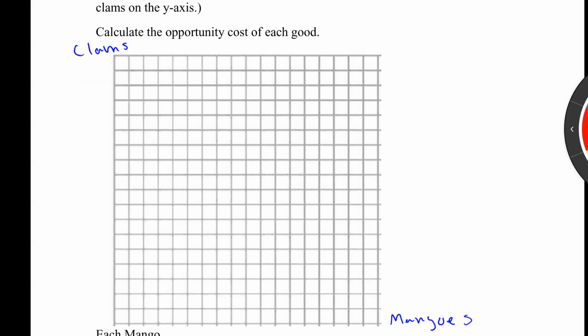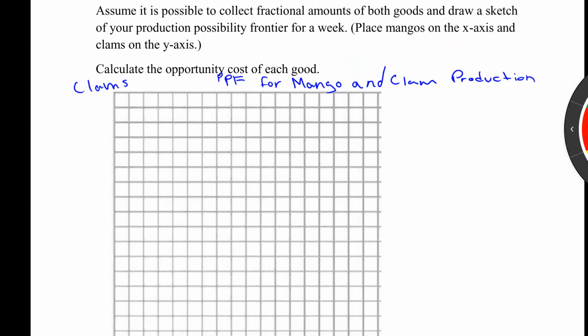And this is the PPF, so we're going to title it PPF for mango and clam production. I believe it's per week.